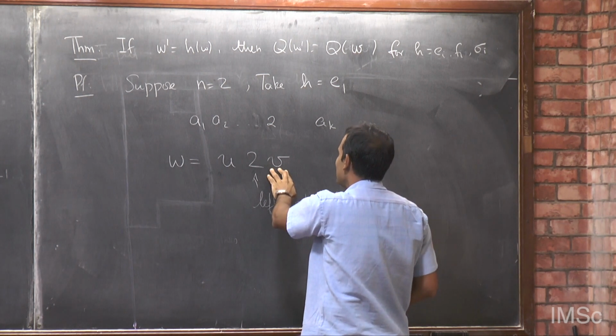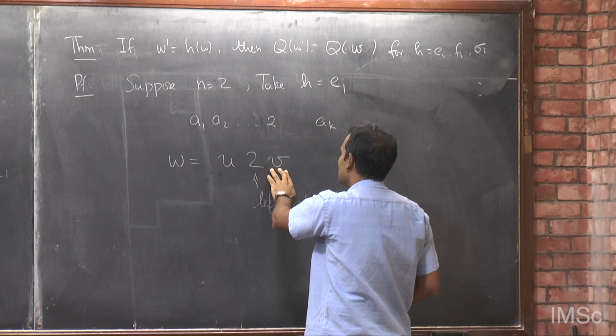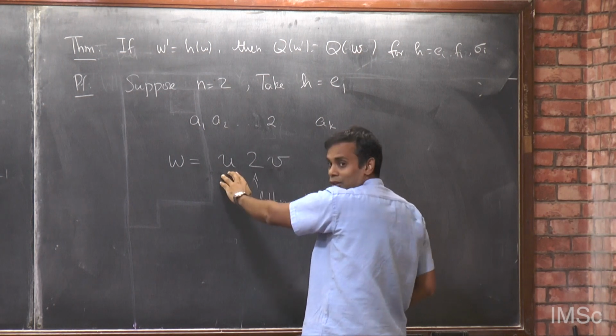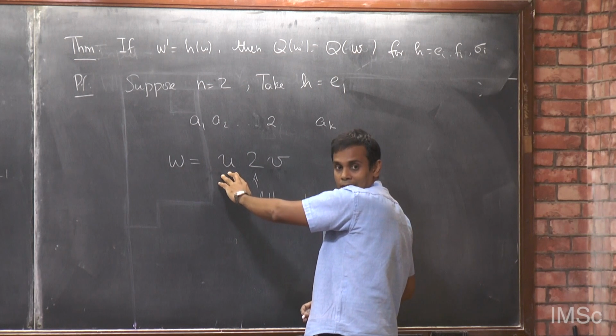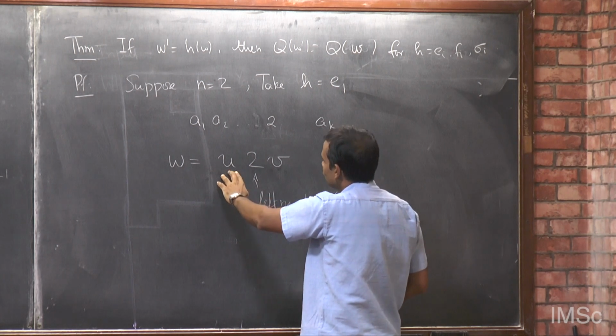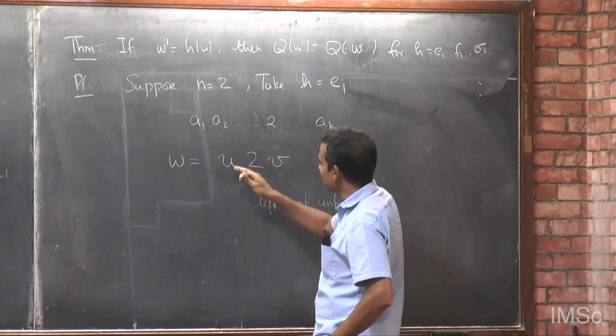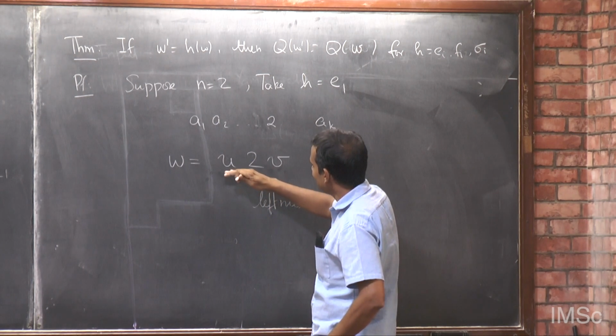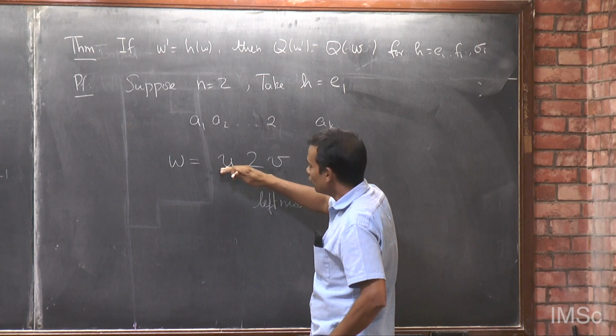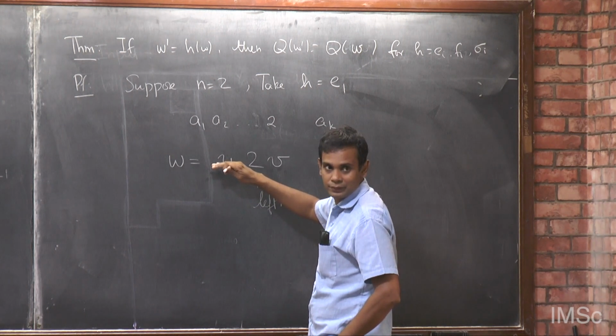And so, what does it mean about this? It means that to the left of this you have cancelled off all pairs of the form 2 1, right. So, what does it mean? It means that to the left of this there are more 1's than there are 2's, right.